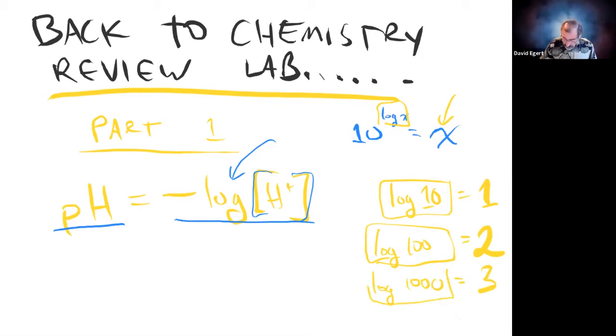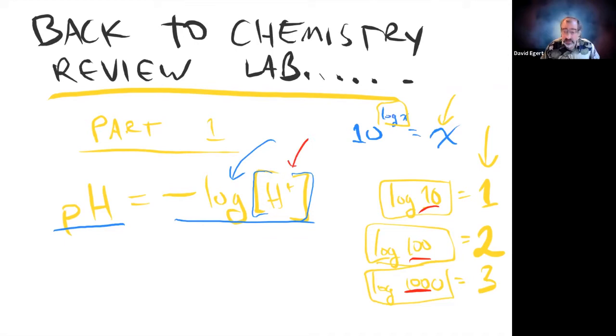So the thing to be aware of here is that as this log thing goes up in a linear fashion, it's describing something that's going up exponentially. So when I have something that has a pH that is 2 lower than something else, it's actually got 100 times as much hydrogen ions.